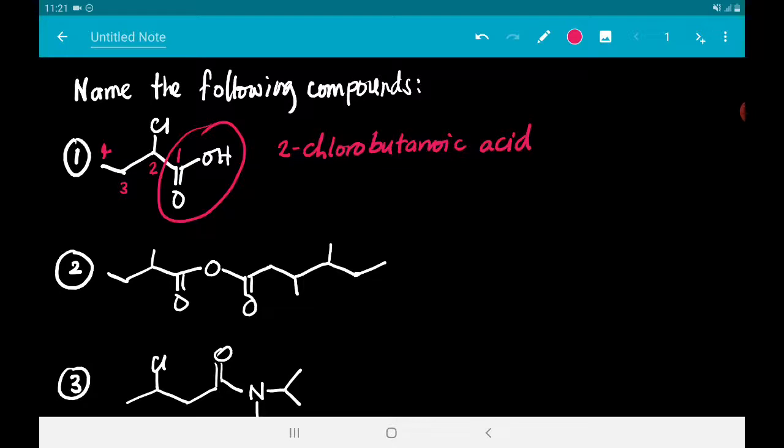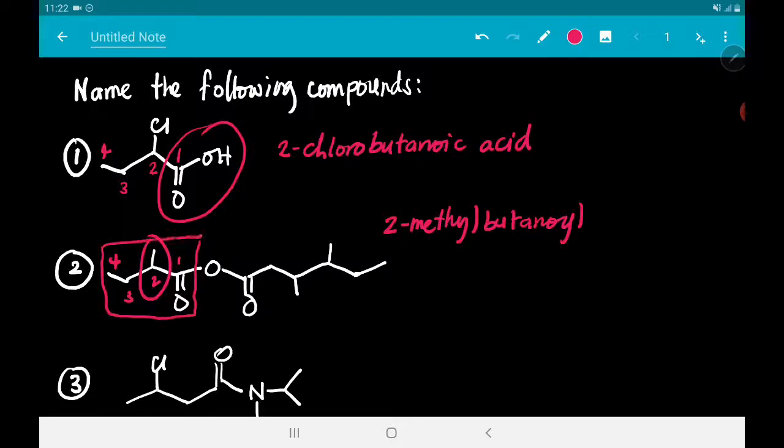So, pwede mong piliin yung isa from the left, then you go to the right. So, ako, gagawin ang gagawin ko. Halimbawa, this is 1, 2, 3, 4. So, 2 methyl, okay, butanoyl, okay, so that's for this chain, okay, and then punta naman tayo sa next. So 1, 2, 3, 4, 5, 6.